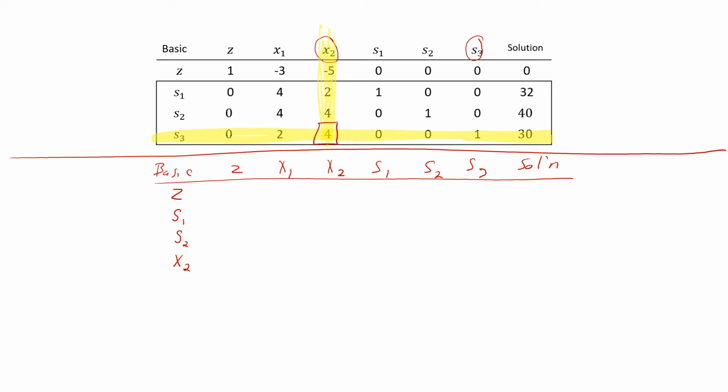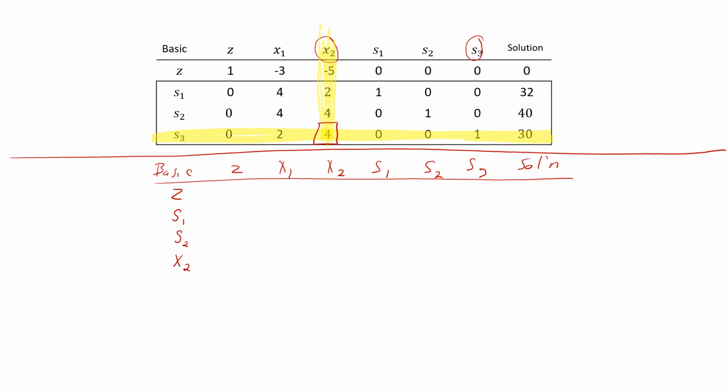So here's what we do. First off, we start with our pivot row. The rule says to take this row and divide by the pivot element, which is 4. Every element in here, we divide by 4.